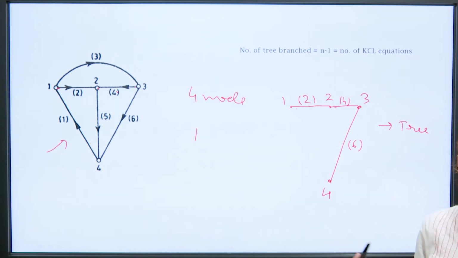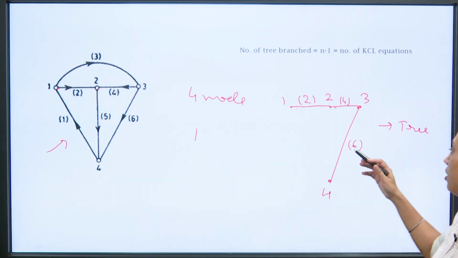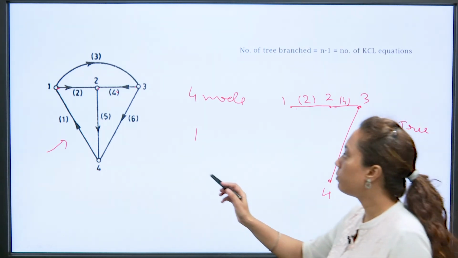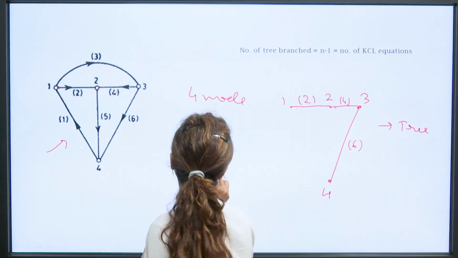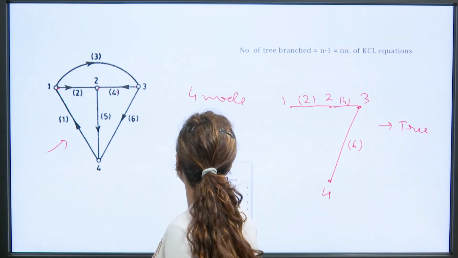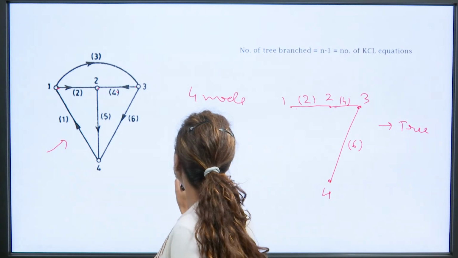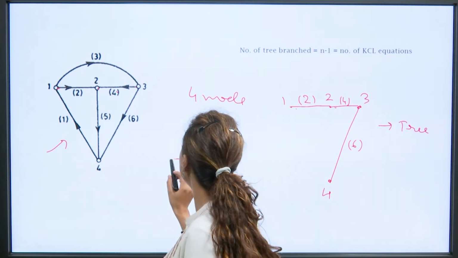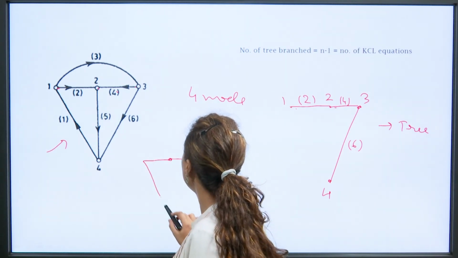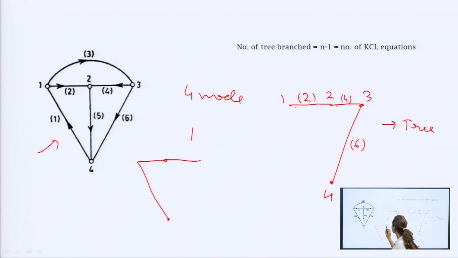There are innumerable ways to write a tree. It could be any combination. It could be 3, 2, 1, 4 by taking the branches 4, 2 and 1.